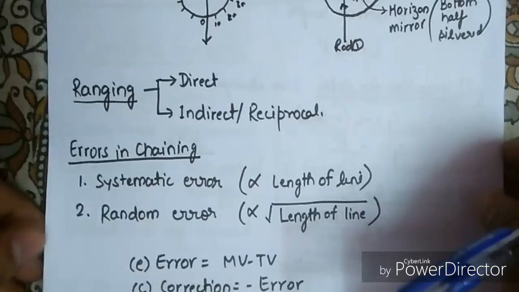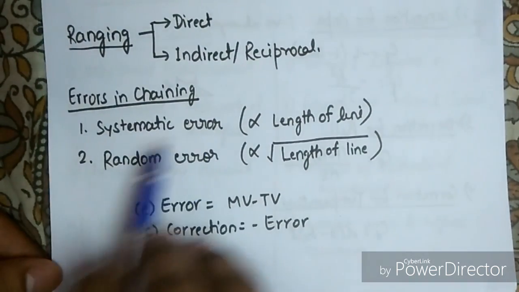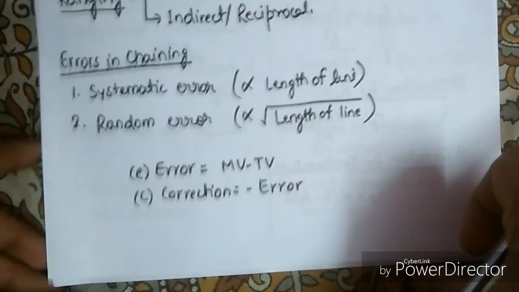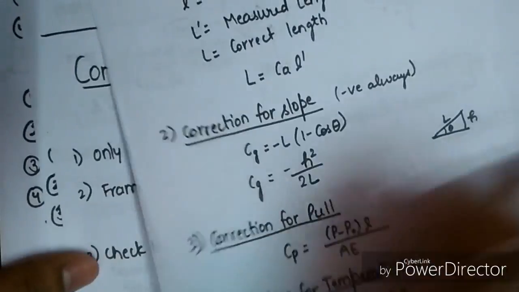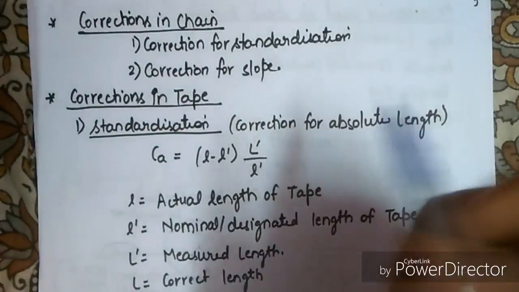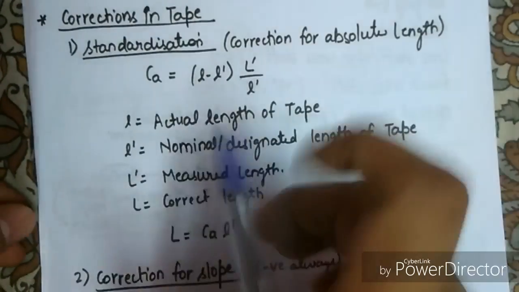Next are the errors in chaining. We have seen earlier: systematic error and random error. These are directly proportional to the length of the line and directly proportional to the square root of the length of the line. Error is measured minus true value and correction is the negative of the error. There are a few corrections in the chain: correction for standardization, correction for slope, correction for the tape.